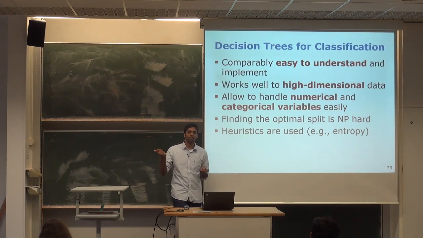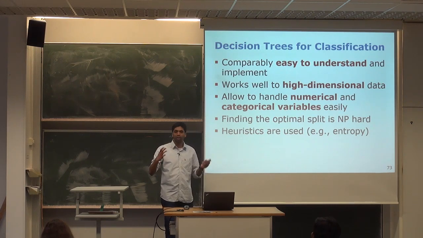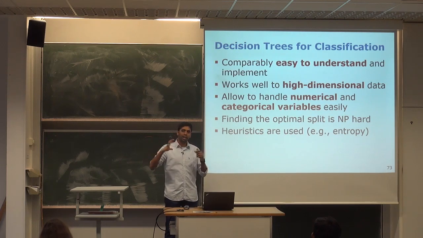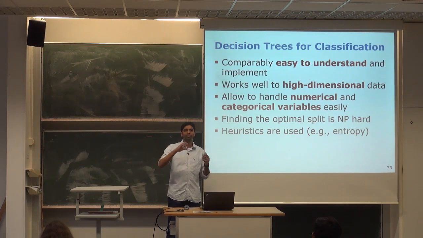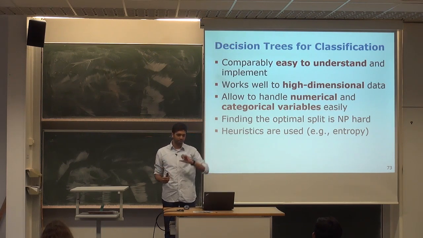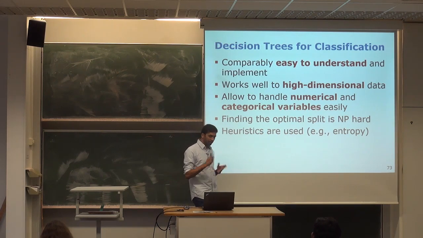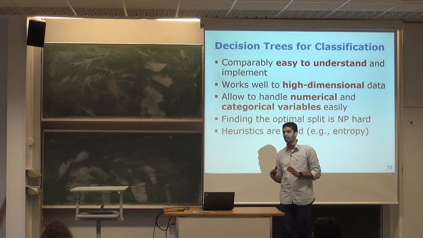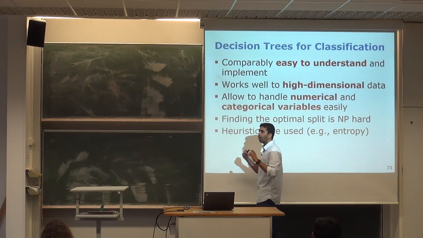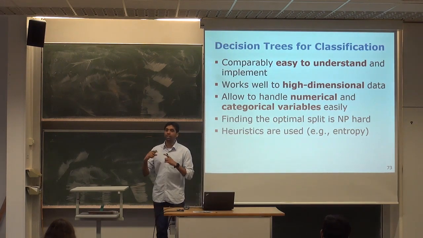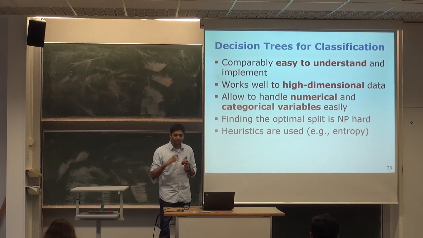You could ask questions, is it greater than something, is it less than something, or you could ask categorical questions, is it green, is it red, or something like this, right? So you could blend in numerical questions and other binary questions together to form this decision tree. Again, we saw that finding the optimal split is NP hard, so it's computationally difficult, and therefore we came up with this idea of making that split which decreases the entropy or which decreases the impurity.